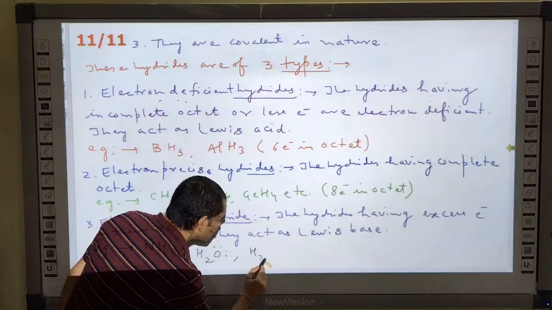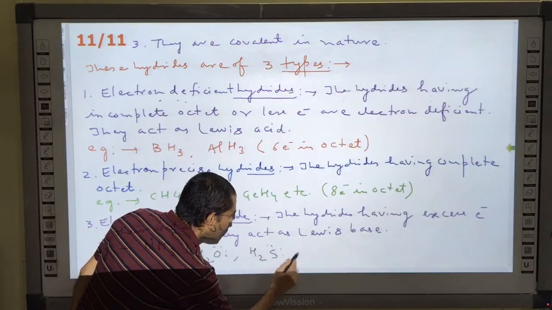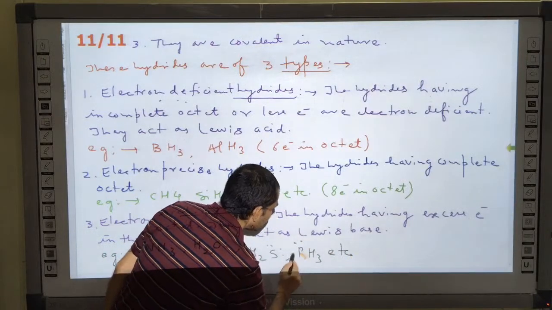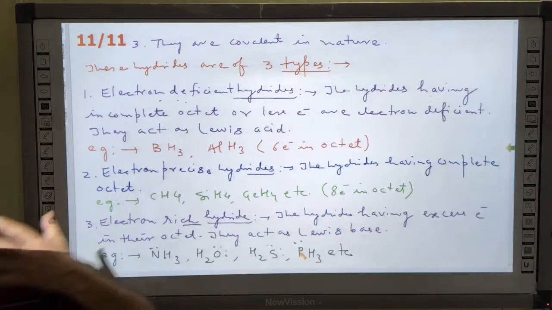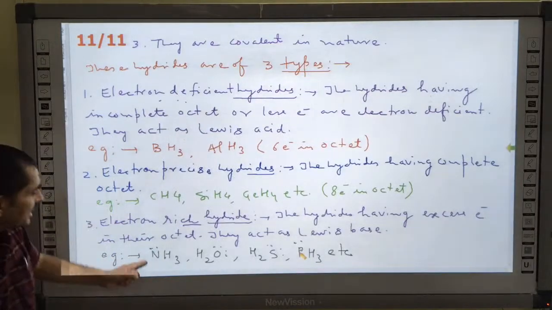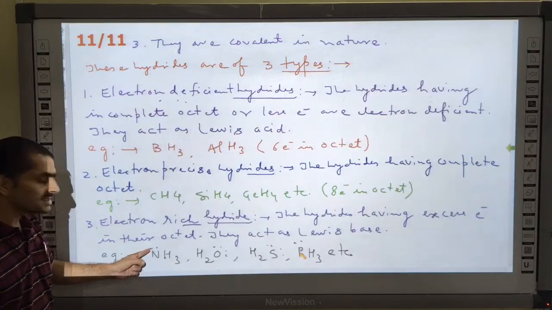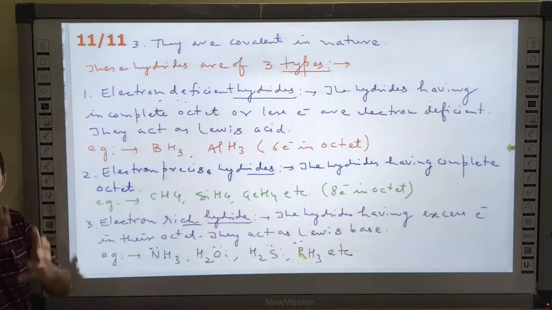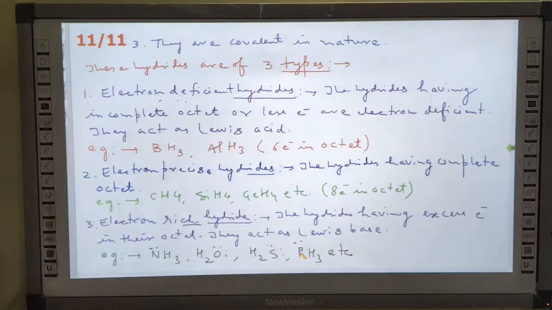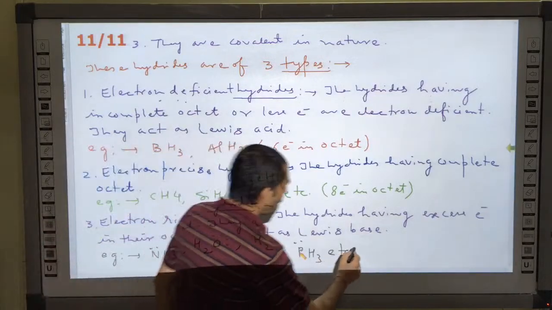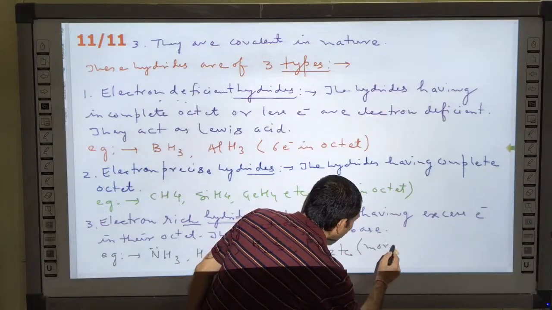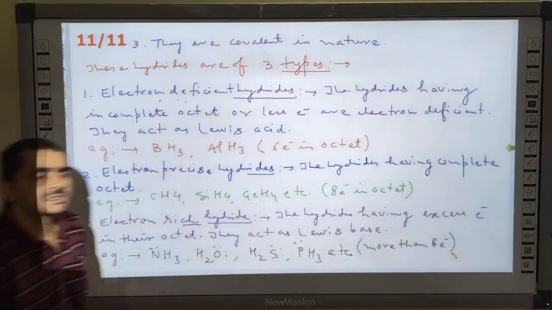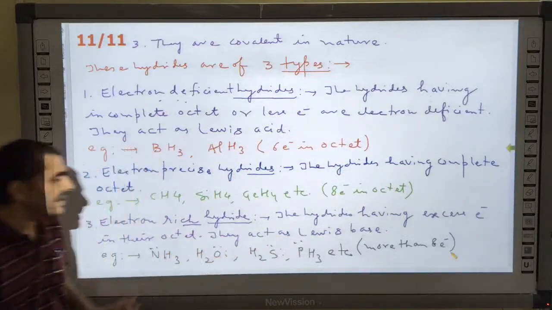Similarly H2S, PH3, there are a number of hydrides, etc. They have more than 8 electrons, that's why they have lone pairs of electrons.